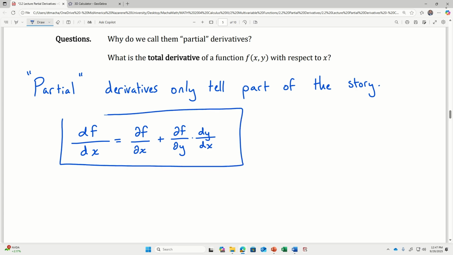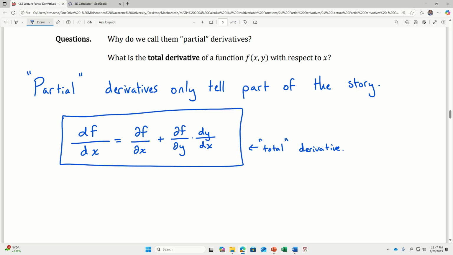This is what we call a total derivative. I'm going to give you an example of when the partial derivative might be different from the total derivative.